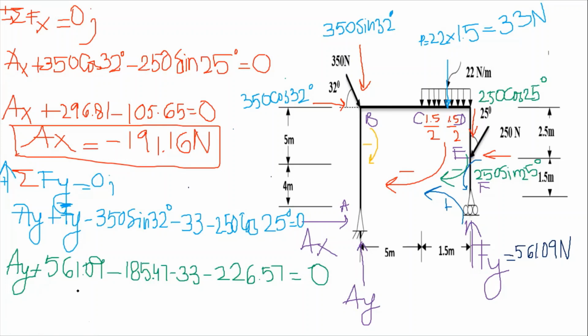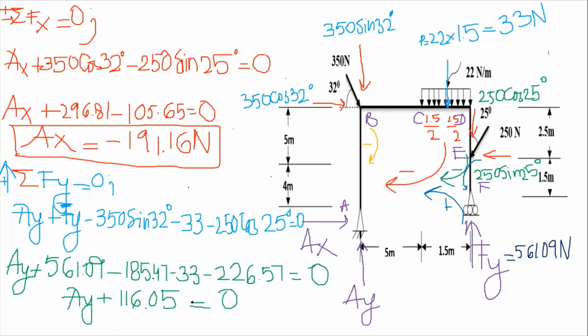So Ay is, if it is positive, because its value, I think it's very small. Let me do it again. No, it is small, so it is positive. So whatever the direction we have supposed, it should be downward. Equals to 0.